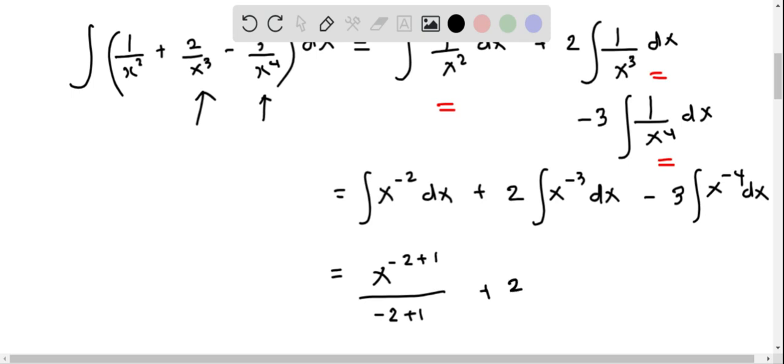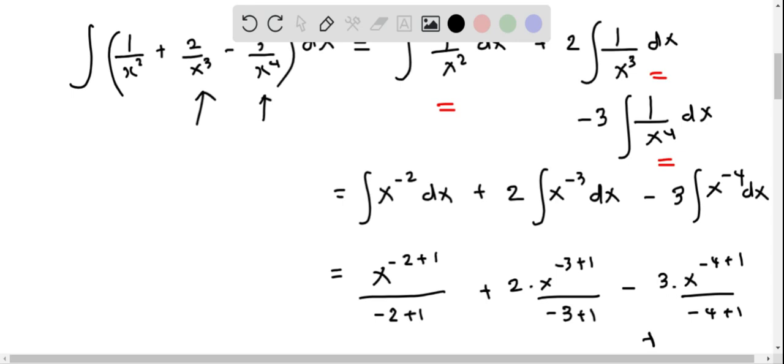And similarly, 2 times x raised to the power of minus 3 plus 1 divided by minus 3 plus 1, minus 3 times x raised to the power of minus 4 plus 1 divided by minus 4 plus 1. And finally, I put the constant of integration, that is c.